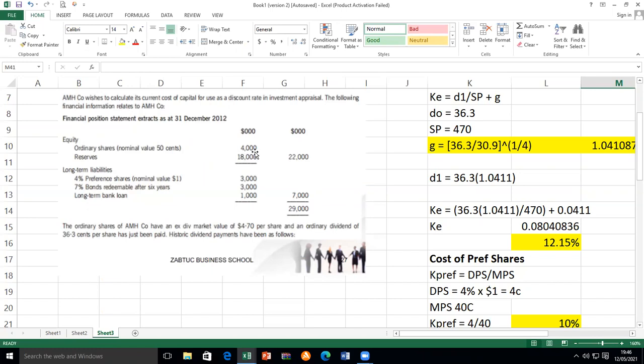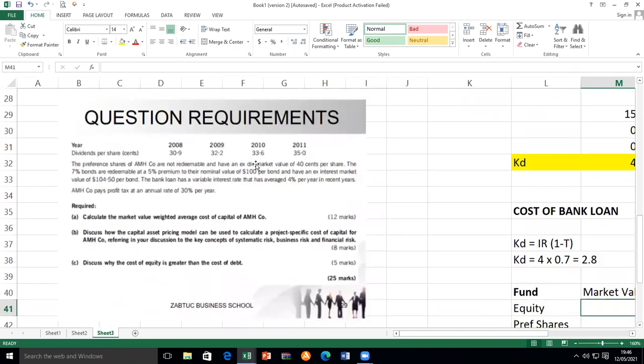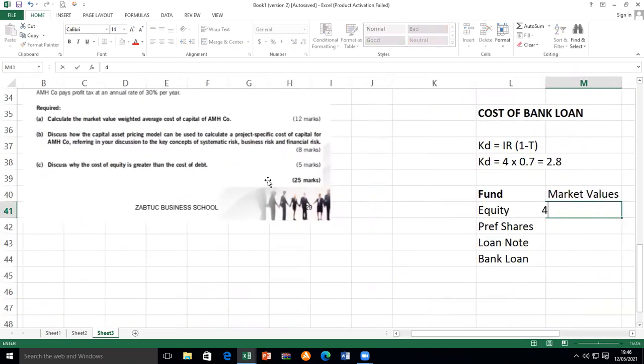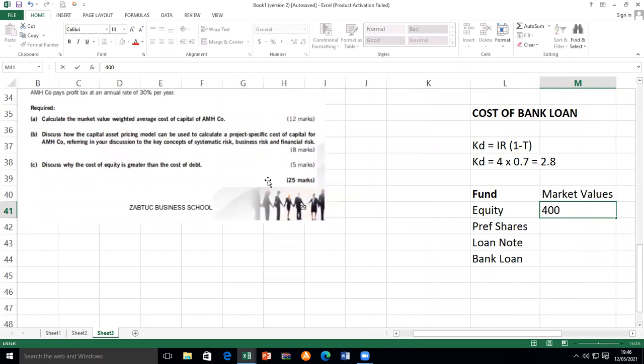So how many shares? 4,000 divided by 0.5, times the price. What is the price there? 4.7.